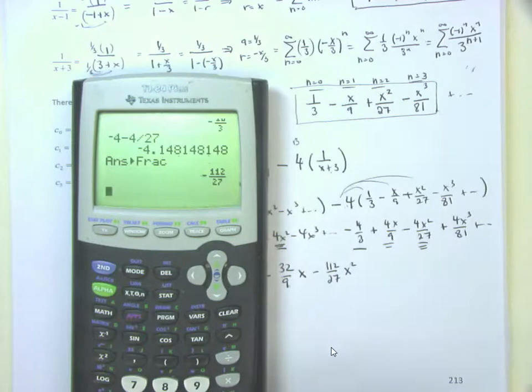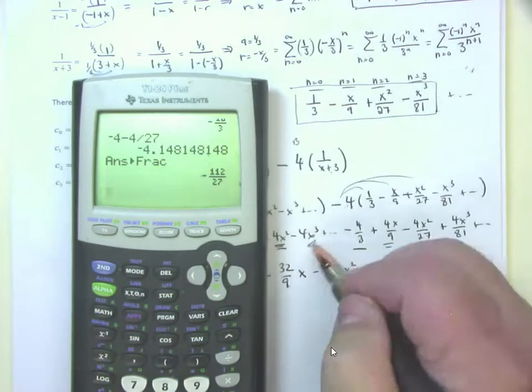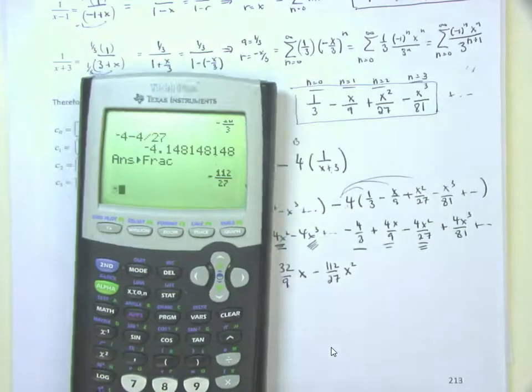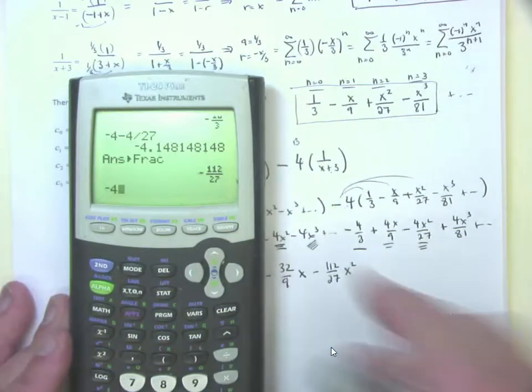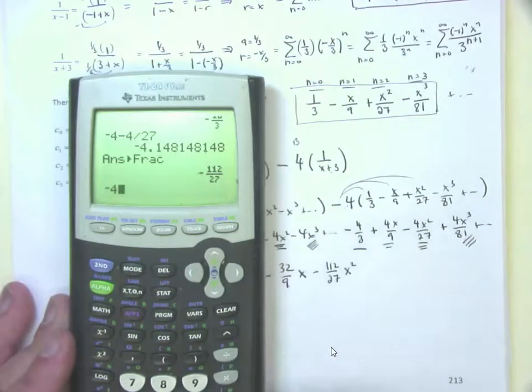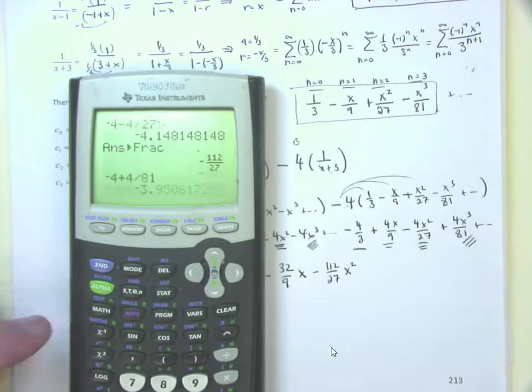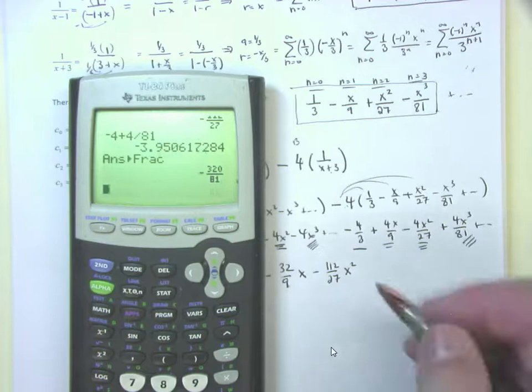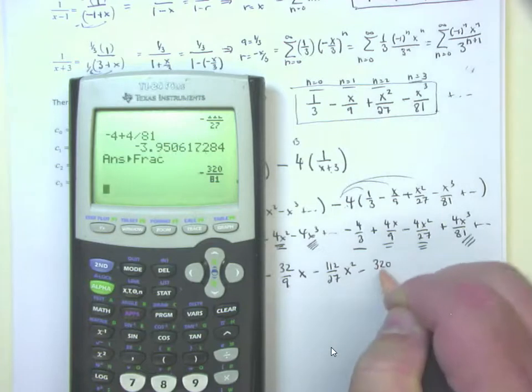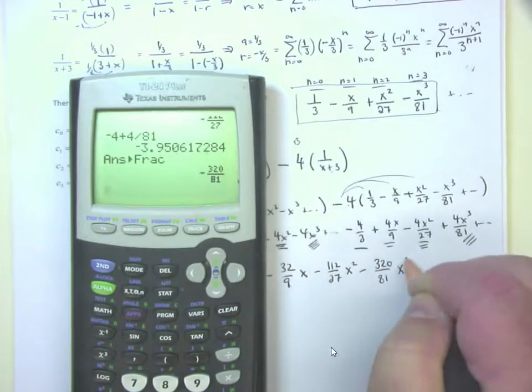And then I got to do the cubes. The cube, I got a negative 4 x cubed there, and I got a plus 4 divided by 81 x cubed there, and that gives me a minus 320 over 81 x cubed plus dot, dot, dot.